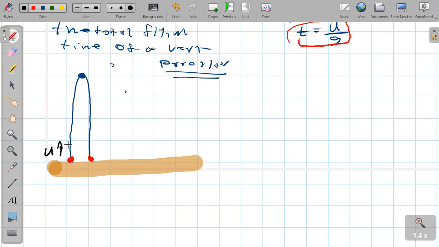It reaches with the velocity of u and comes back with the velocity of minus u, downwards, upwards, and v equals 0, a equals minus g.